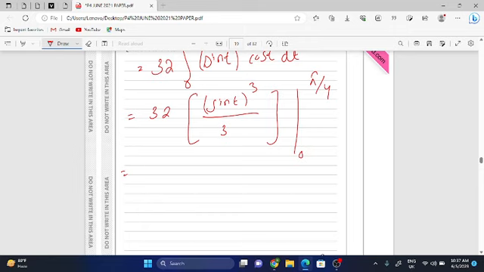So it can be written as 32 by 3 sine of t whole to the power 3, with limits 0 to pi by 4.